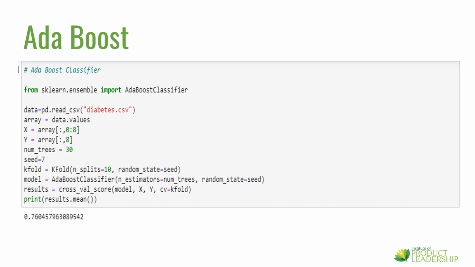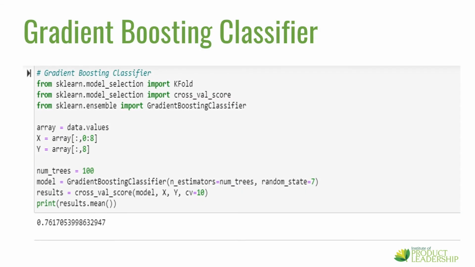Another useful algorithm is gradient boosting classifier. Coming to the code, we will import k-fold cross-validation score and gradient boosting classifier from sklearn library. Create an object of the dataset using pandas and name it as data and then convert into array using data.values. Split the data into x and y using square brackets, that is feature matrix comprising 8 predictor variables and outcome variable as y.